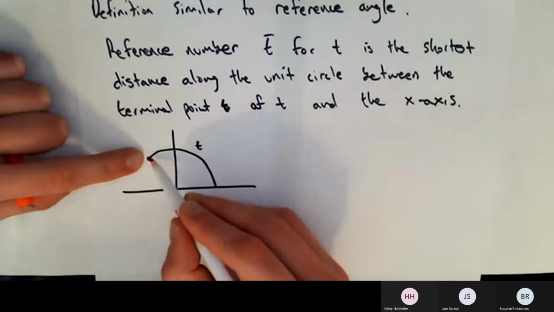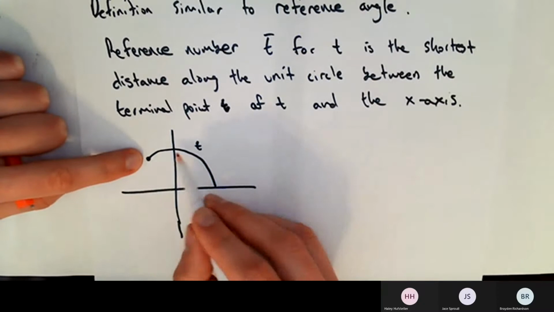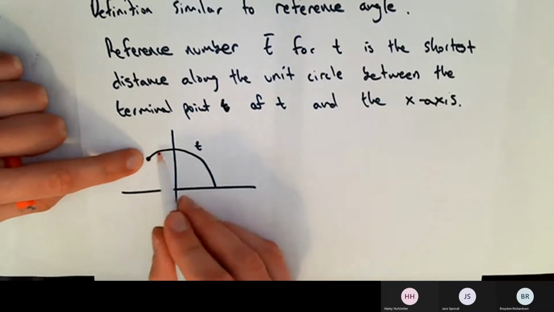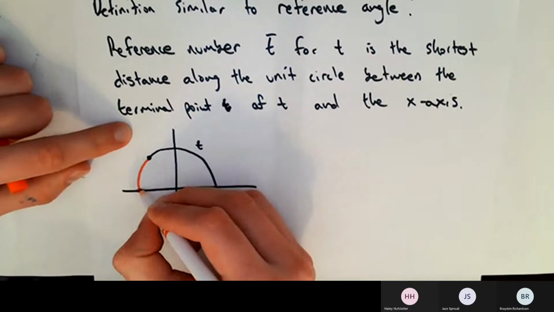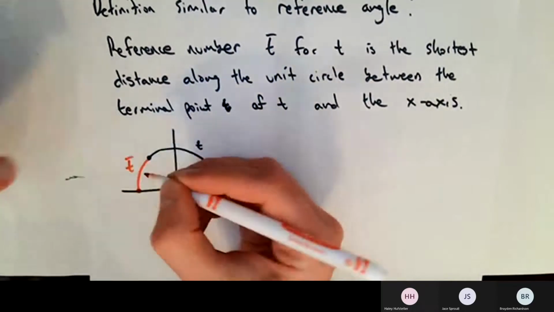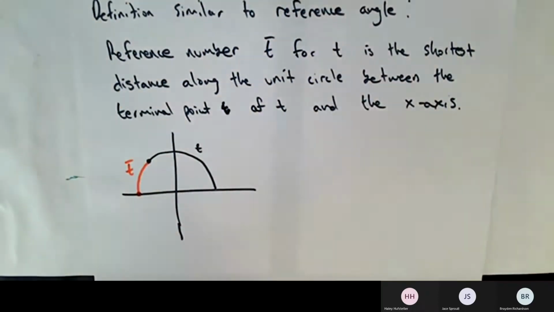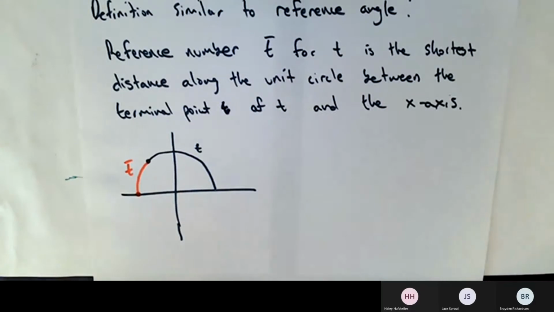What's the fastest way to stick along the unit circle and get from this point back to the x-axis? Well, I can either go this way or I can go this way, and this way is definitely shorter. So that's t bar.